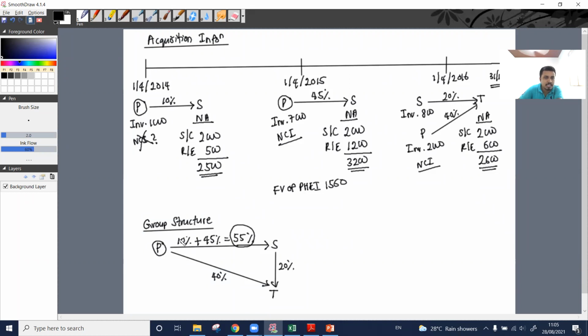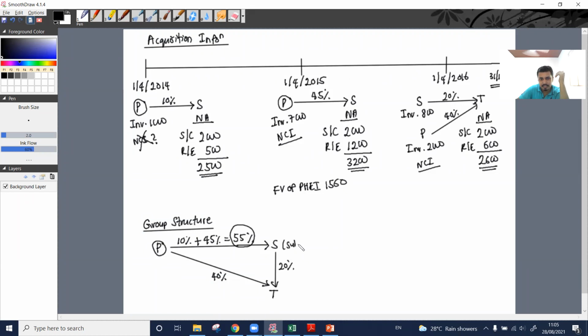Initially, it was merely an investment, and we may have accounted for it as per LKAS 39, financial instruments. But because of this further acquisition, what has happened? We are holding more than 50% of the equity shares of S as of today. It means S is a subsidiary for us.